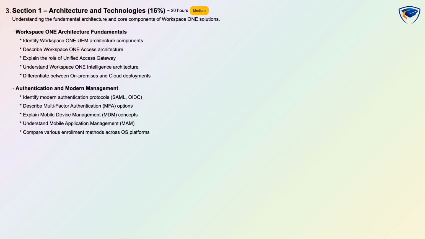Topics include identifying architecture components, distinguishing on-premises versus cloud deployments, understanding authentication protocols like SAML and OIDC, multi-factor authentication options, modern management concepts for MDM and MAM, and comparing enrollment methods across device platforms so you can design and troubleshoot according to architectural constraints.